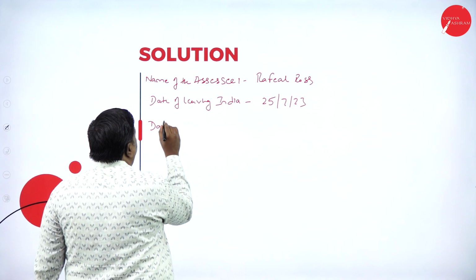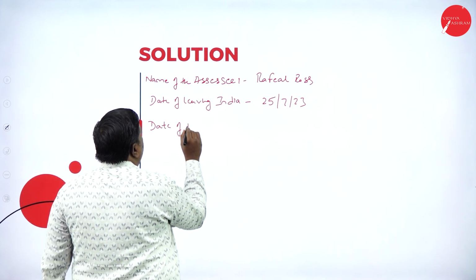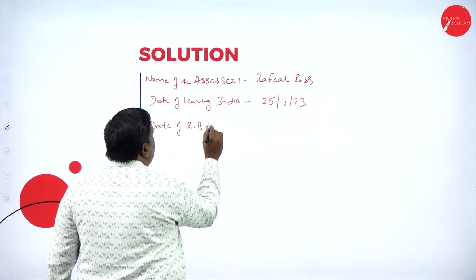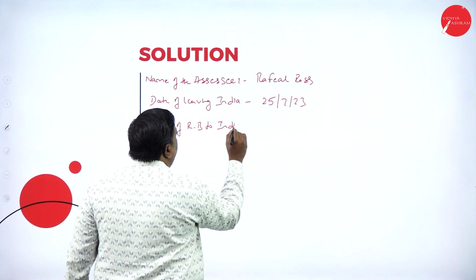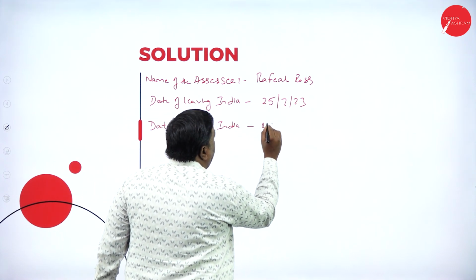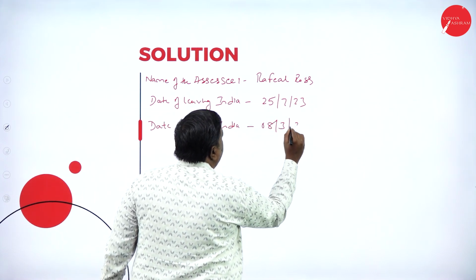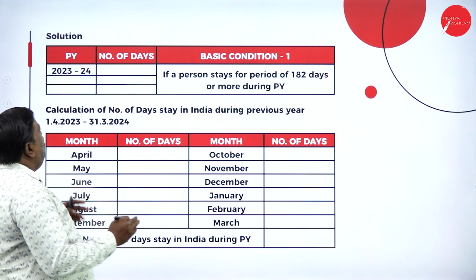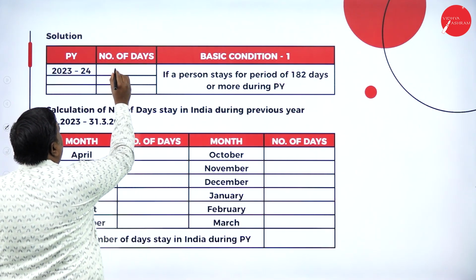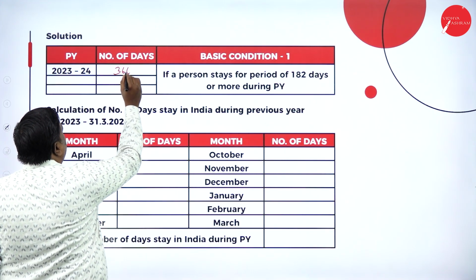Date of returning back to India: 8th March 2024. So during the previous year, we have a total of 366 days.